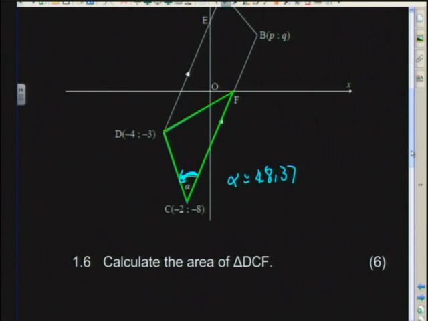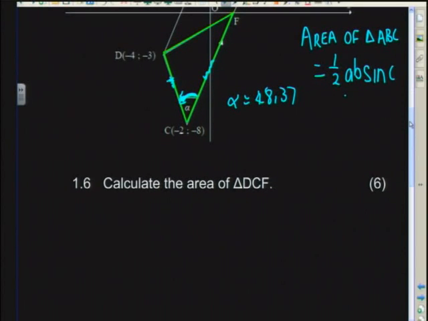Now, you'll remember from trig that if we want to work out the area of triangle ABC, and we've got sides a and b, it's going to be a half ab sine C. So applying that to our diagram, if we work out this length here of DC and we work out the length of CF, then I can use the area rule to say, well, the area of triangle DCF is going to be a half CD times CF sine of the included angle, which is sine of alpha, which is sine 48,37.